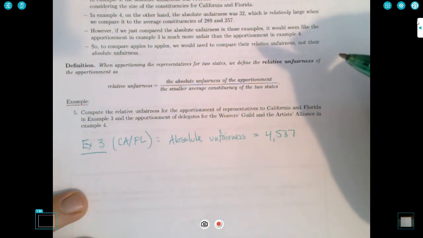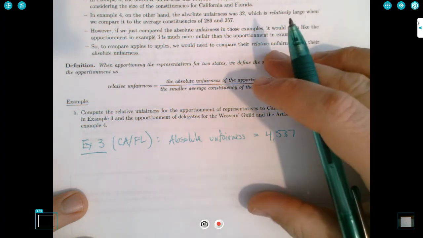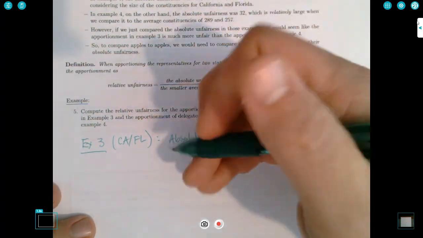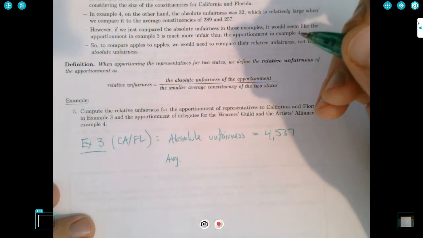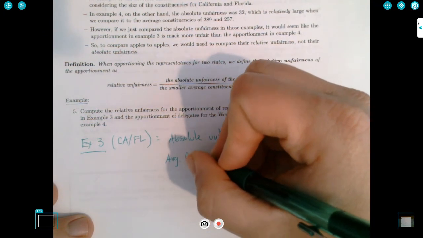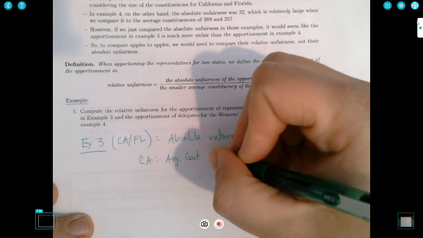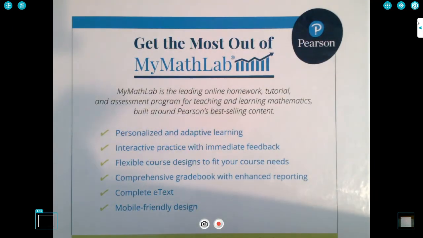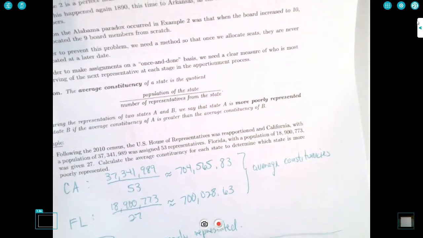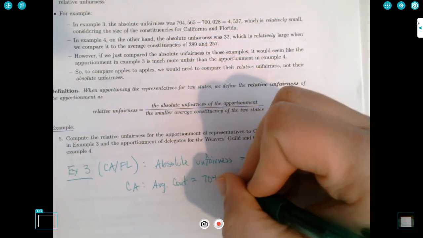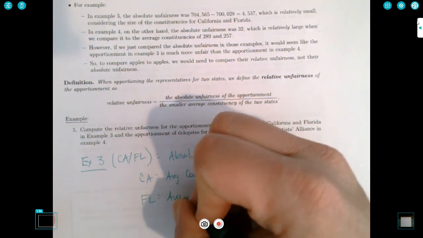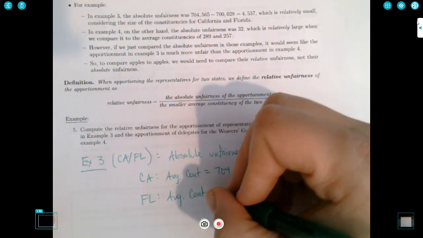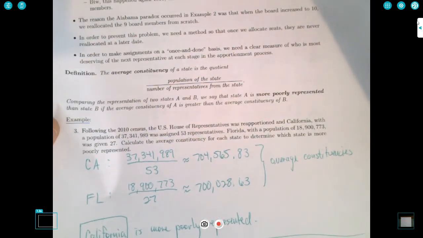The average constituency for California was 704,565.83, and for Florida, the average constituency was 700,028.63.